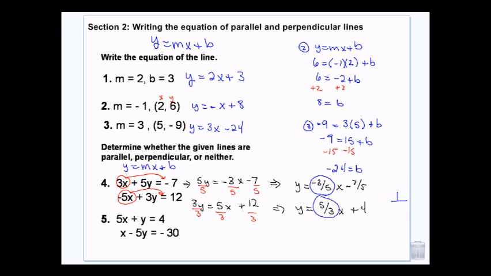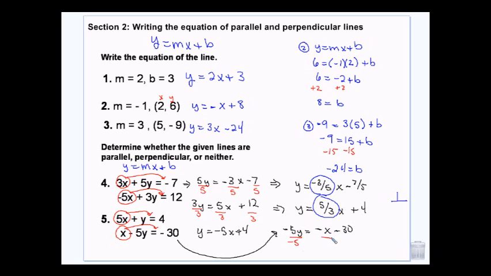All right. I'm going to pick this 5x up and I'm going to move it over. And I get y equals -5x plus 4. That's done. Because there's nothing on the y, so I don't have to do anything else. And then here, if I pick up this x and move it over, I get -5y is equal to -x minus 30.